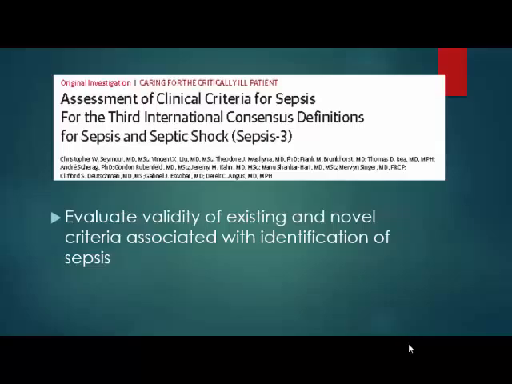They wanted to do this study to evaluate, are the criteria that we're currently using actually valid? And I think part of the reason is that the definition of sepsis is, in their opinion, rather vague. So you have an infection and you have this inflammatory response, but you also may have a mixed response, or maybe you have a counter-inflammatory response. So are we actually getting a correct group of patients when we're defining them as sepsis just using SIRS?